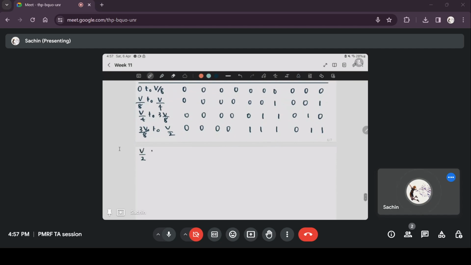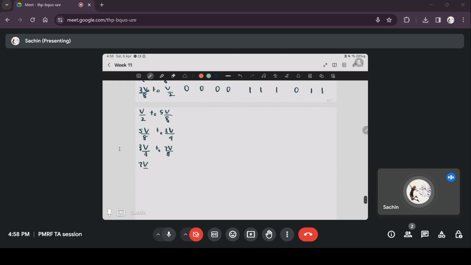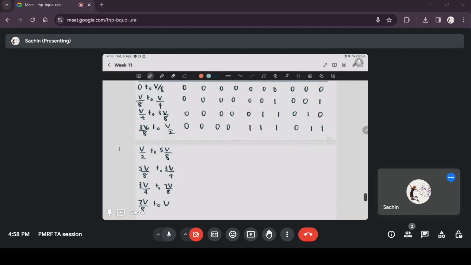Then V/2 to 5V/8, 5V/8 to 3V/4, 3V/4 to 7V/8, 7V/8 to V. For V/2 to 5V/8, 4 of them are on, that is encoded to 100.